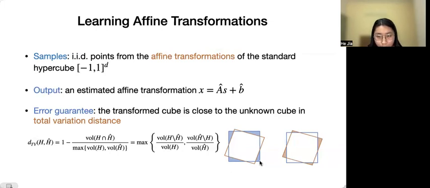The total variation distance between them is either the volume of this blue shadow divided by the volume of the blue cube, so the part that is in the blue cube but not in the orange, or the volume of the part of the orange cube not in the blue cube divided by the volume of the orange cube. The maximum of these two is the TV distance of these two cubes.